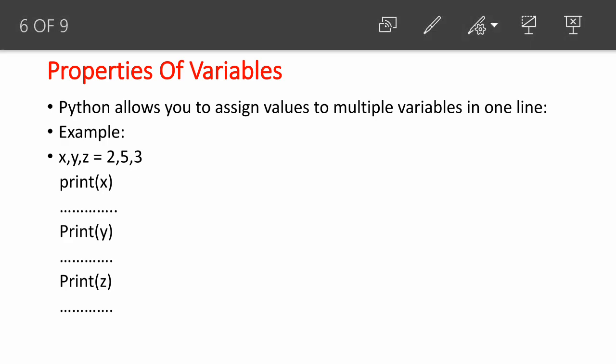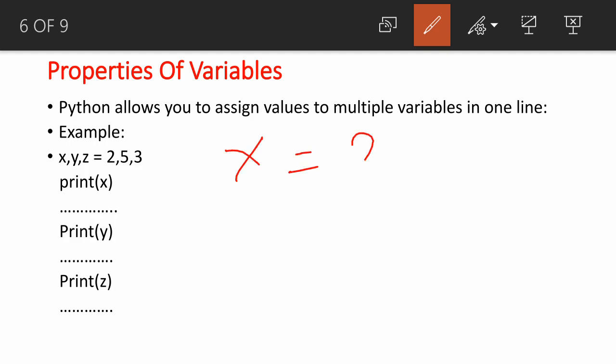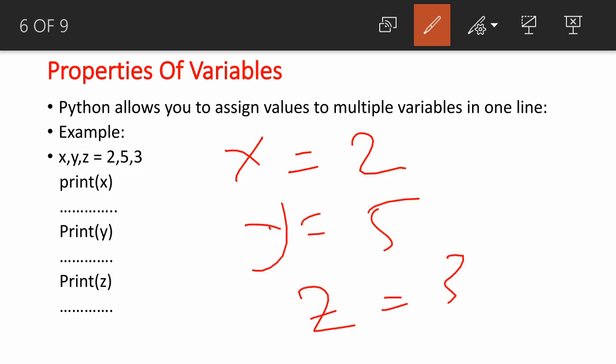Now, this leads us to properties of Python. Python allows you to assign values to multiple variables in one line. Just like this example here, x, y, z is equal to 2, 5, 3. What does that mean? It means that x is equal to 2, y is equal to 5, and z is equal to 3. But Python allows us to write it this way.